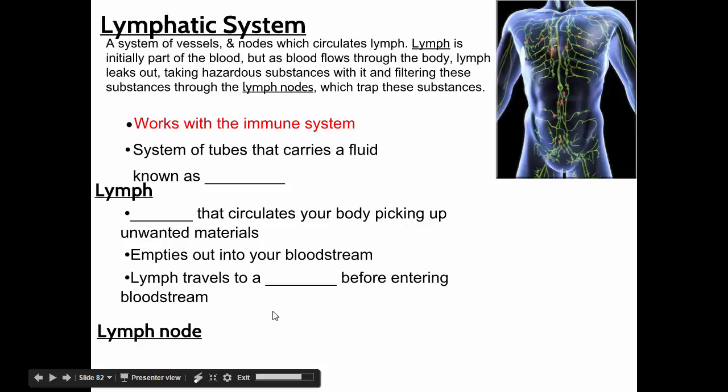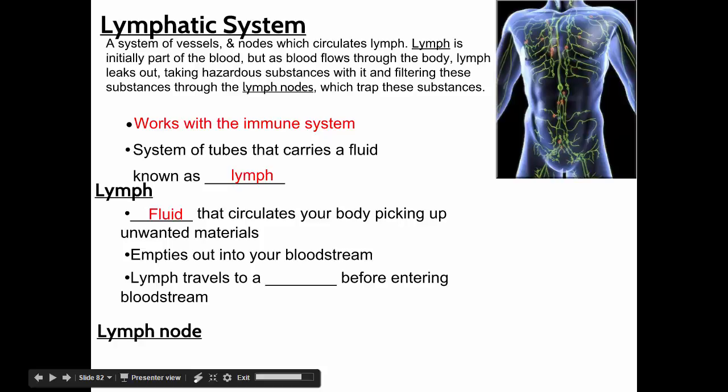Our immune system helps protect us from pathogens and bacteria, viruses, and so forth. Our lymphatic system helps with that. So it's this series of tubes that carry lymph fluid. And lymph circulates around our body.